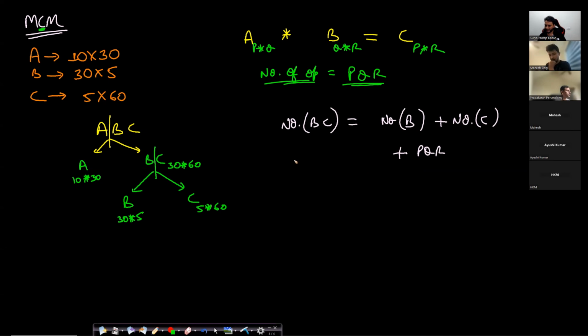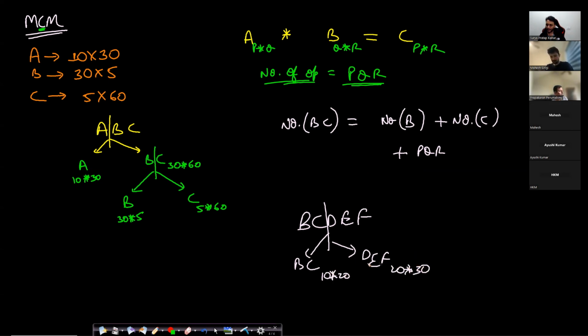Okay. Is that clear? Because maybe this was not just BC, but BCDEF, and I'm creating halves. But then I cannot say that if I'm multiplying BCDEF and I have BC on one side and DEF on the other side with dimensions, let's say, 10 by 20 and 20 by 30, then the number of operations to calculate BCDEF is not just 10 into 20 into 30.